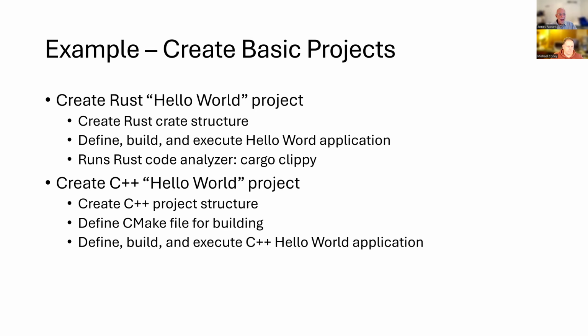And it defined, built, and executed a C++ Hello World application. What's important is that the LLM is smart enough, it knows about the infrastructure associated with these various languages: Rust, C++, C Sharp, Python, and JavaScript. It knows about those.